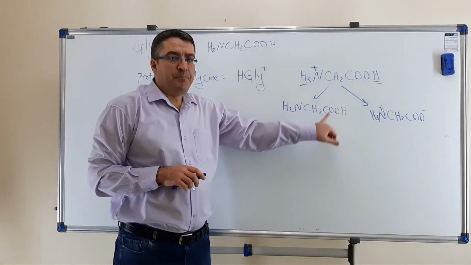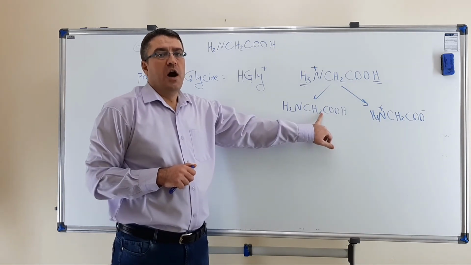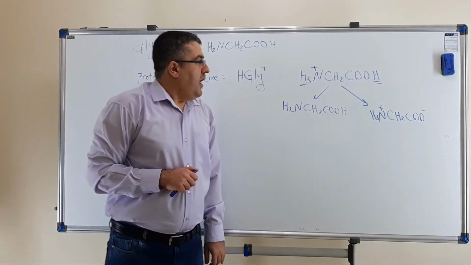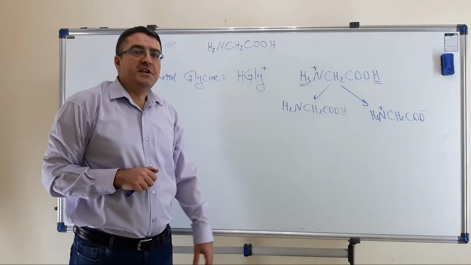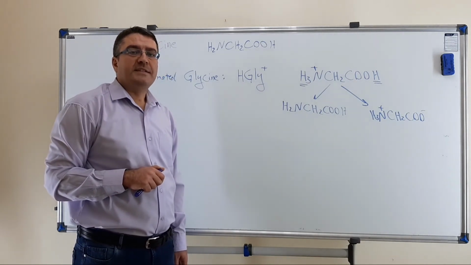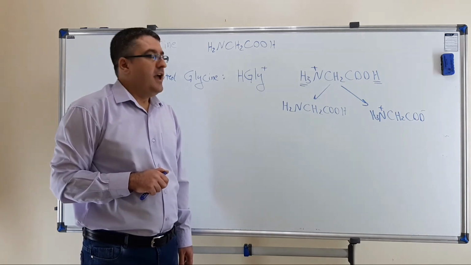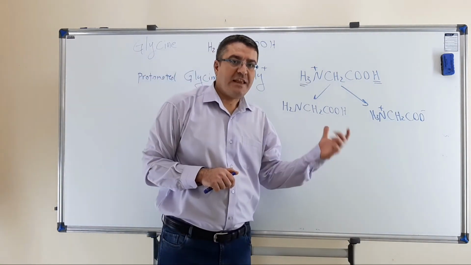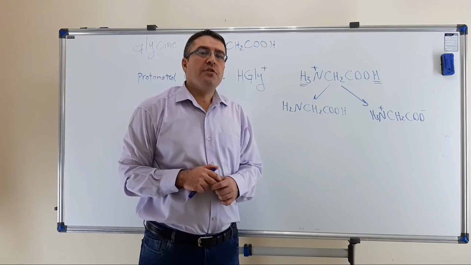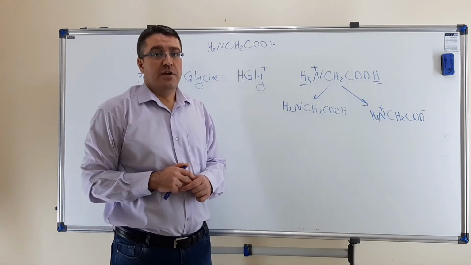For such acids and bases with non-equivalent ionizable hydrogens, the discussion is similar to our previous examples of acids and bases with equivalent ionizable hydrogens, if the difference between the acidic strengths of those non-equivalent ionizable hydrogens is great.